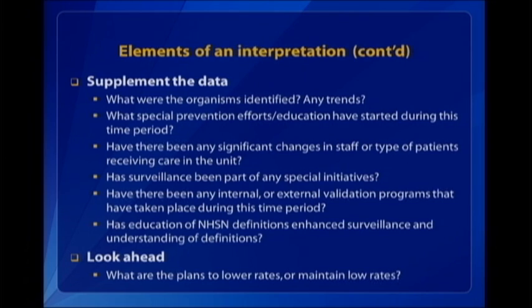Are you realizing, oh, I may have reported that differently before, and now I have better education, so we may notice a little shift in our rates because we've fine-tuned our surveillance? And then looking ahead, what are our plans to lower rates or maintain low rates?